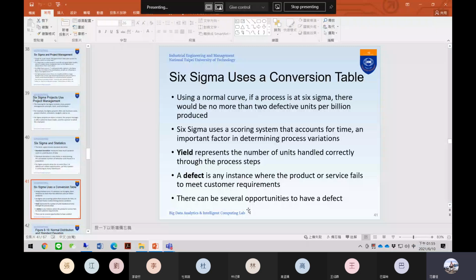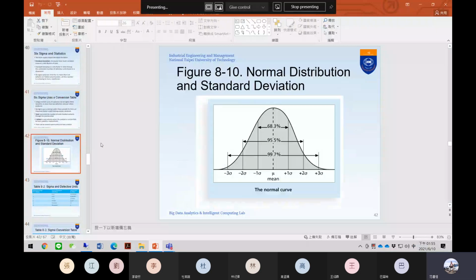For example, you go to a restaurant and the dish is too salty, or at Burger King the fries are overcooked, which is a defect, or the burger is cold, which is another defect as well.